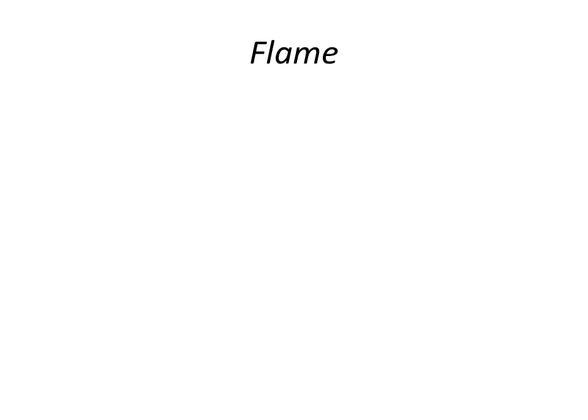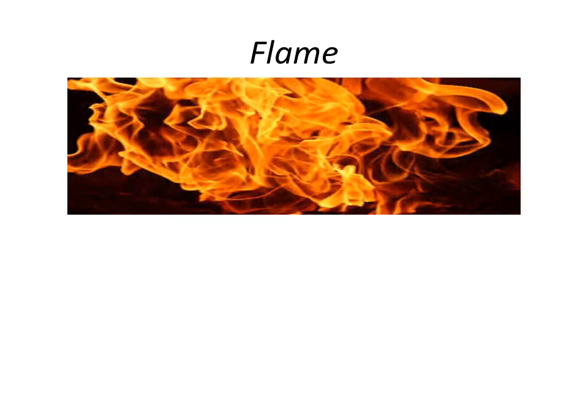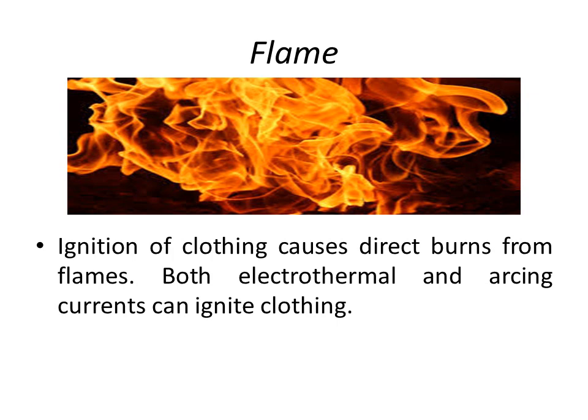The second type of exogenous burn is the flame burn. This is because of the ignition of the clothing, and the cause of ignition is nothing but the heat that is produced, which has been explained in the earlier discussion.